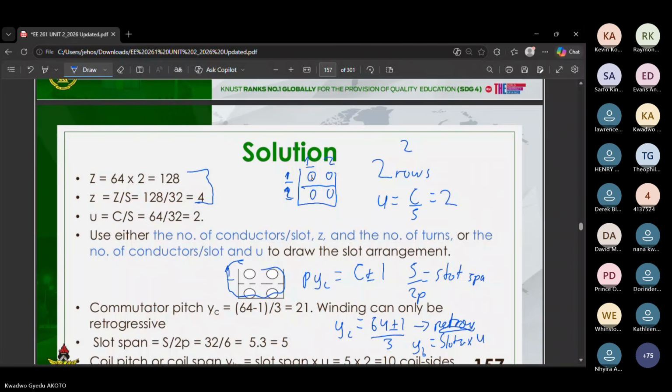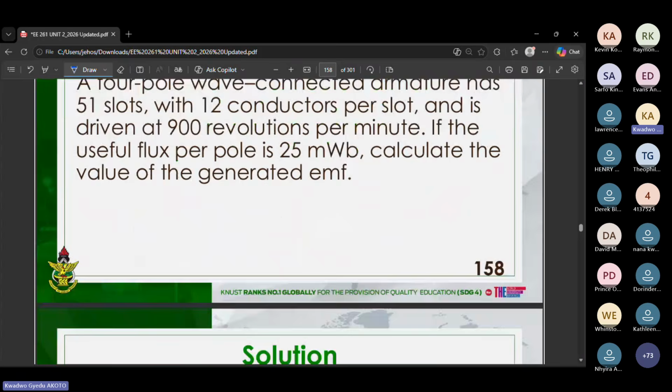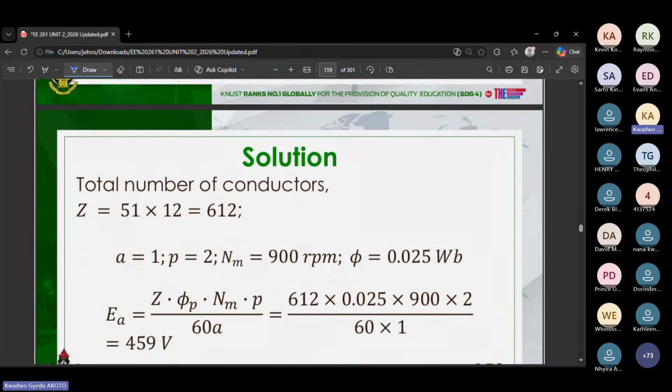Yes, please. All right. So I'm moving to example 3. Please, can I skip example 3? It's just straightforward. You can just input your values in there. Everything you need has been given to you in the question.